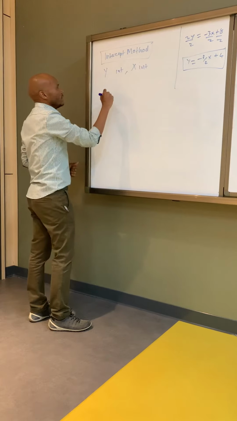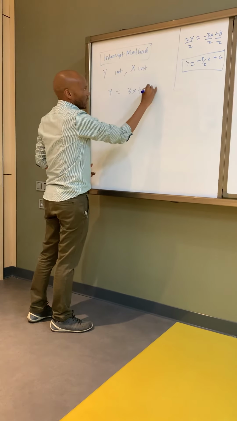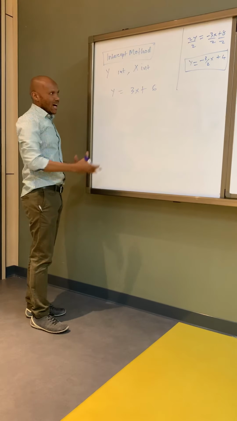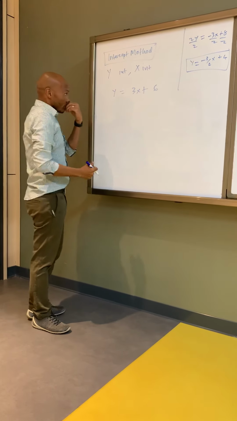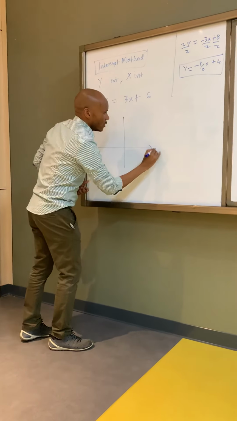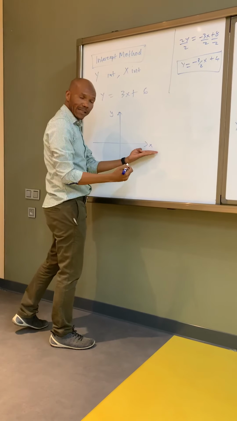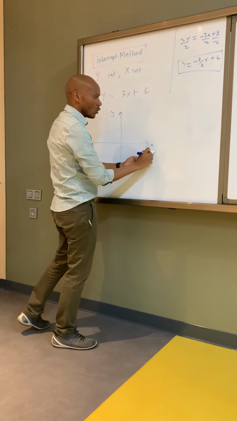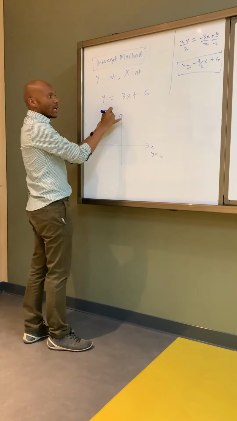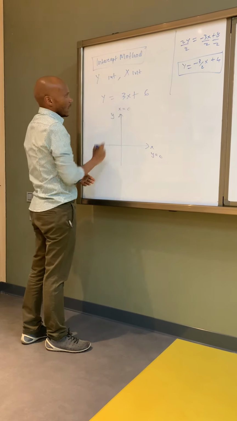Say we are given something like y is equal to 3x plus 6. How would you plot that? Okay, you have your x, you have your y. Don't forget, this is the x-axis, and it's also called y is equal to 0. The y-axis is also called the x is equal to 0 line.